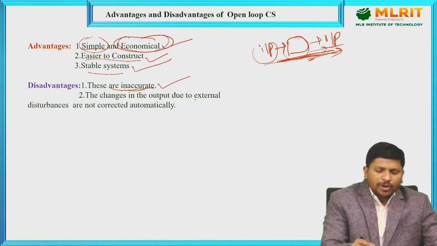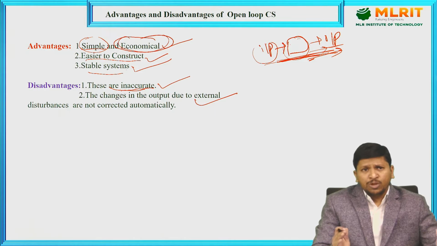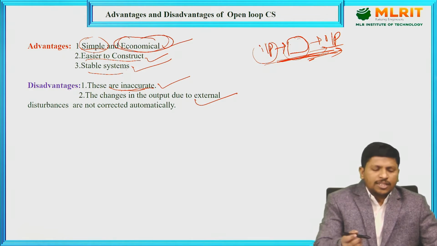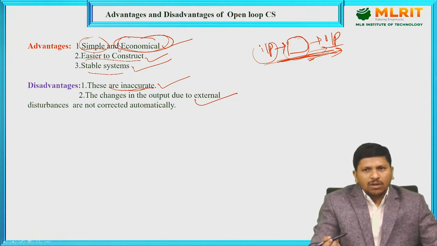The next point is changes in the output. Changes in the output due to external disturbances are not corrected automatically. These two are the main disadvantages of open loop control system, and those three are the main advantages. The open loop control system is easy, simple, economical, and stable.